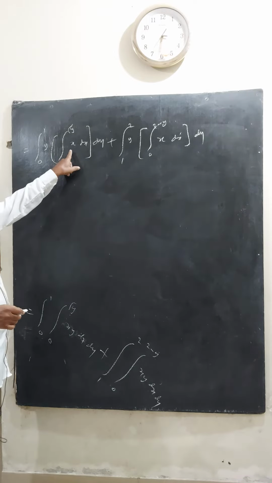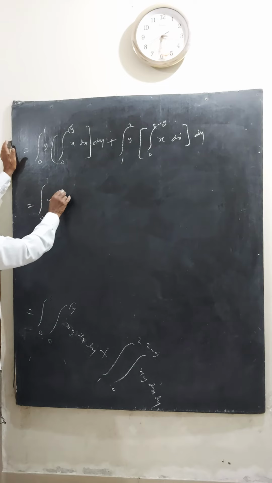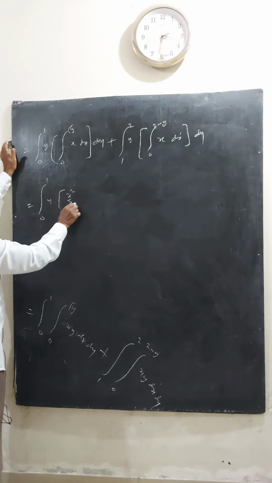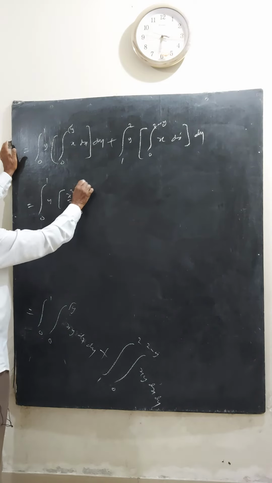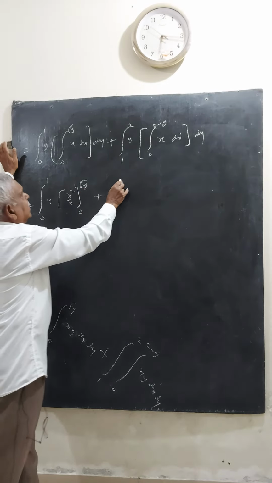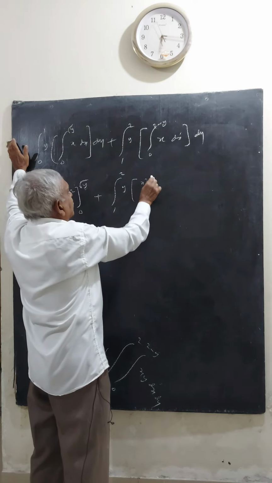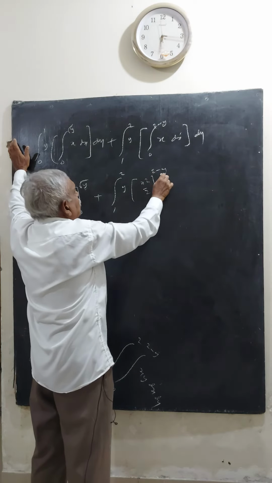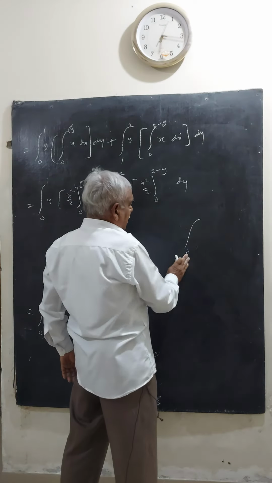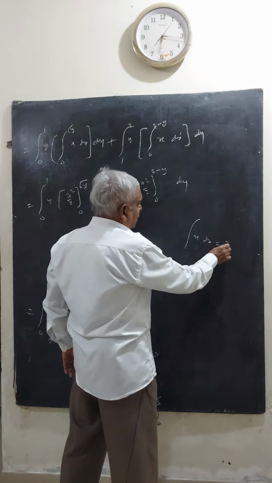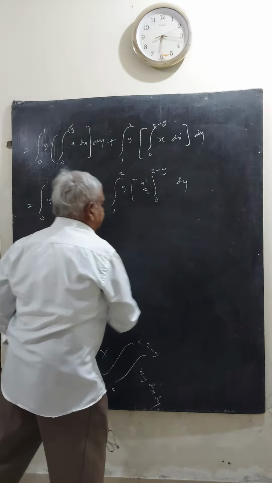Limits are on x, so we integrate with respect to x only. 0 to 1 y, x squared by 2, limit 0 to root y, plus 1 to 2 y, x squared by 2, limit 0 to 2 minus y, dy. Integration of x dx equals x squared by 2.